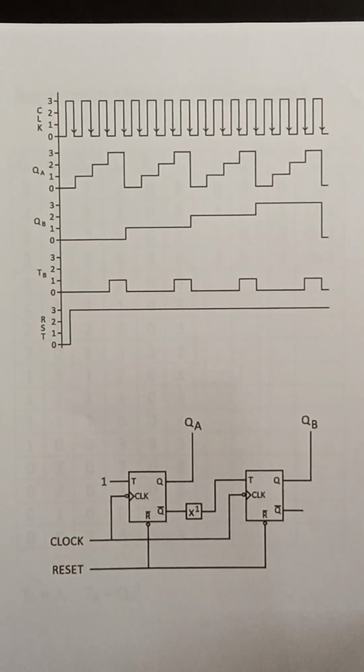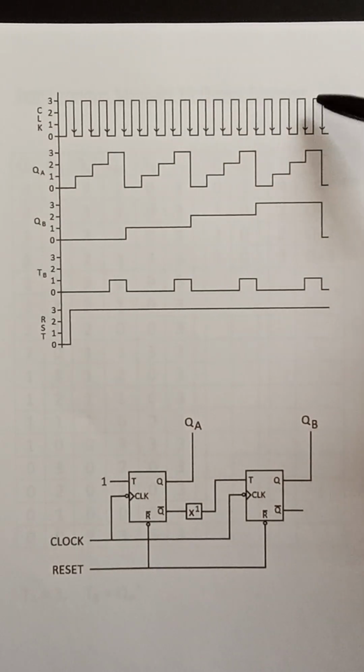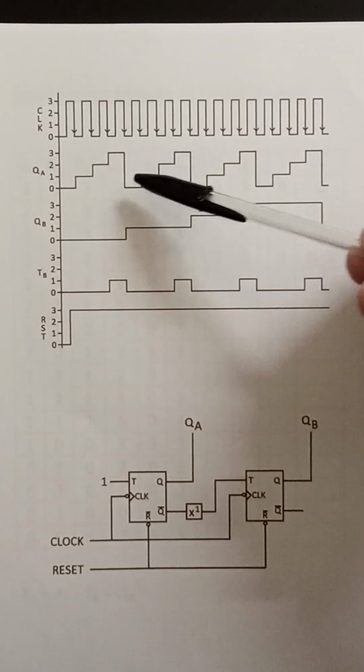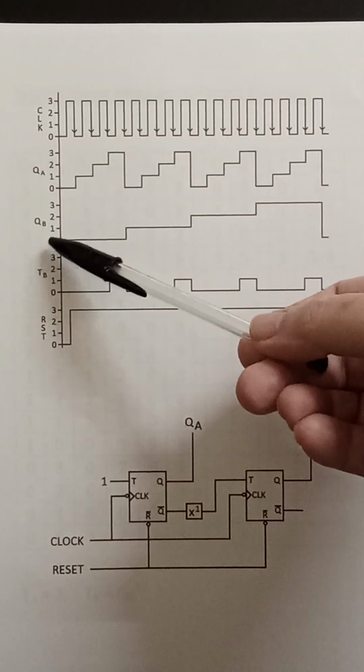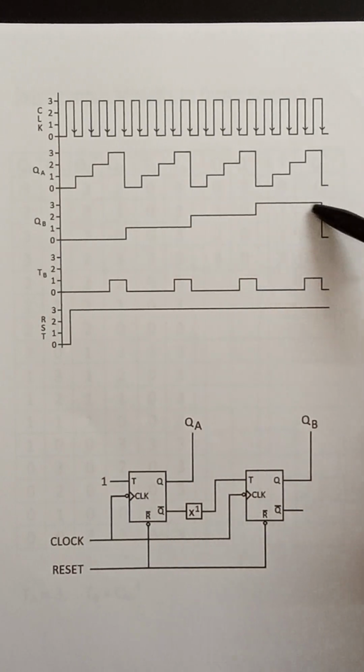Here we have the timing diagram, the clock cycles between 0 and 3, and QA goes 0, 1, 2, 3, and cycles 4 times, and QB goes 4 zeros, then 4 ones, then 4 twos, and 4 threes, and the cycle repeats.